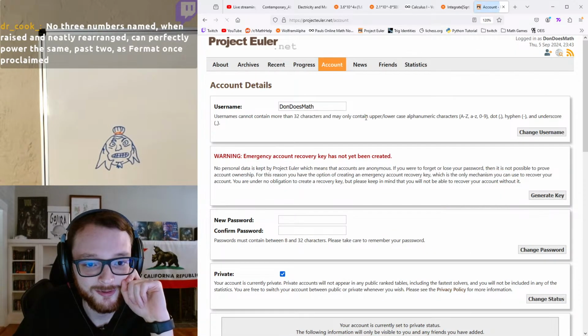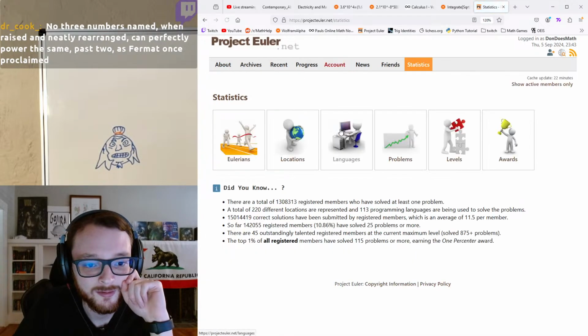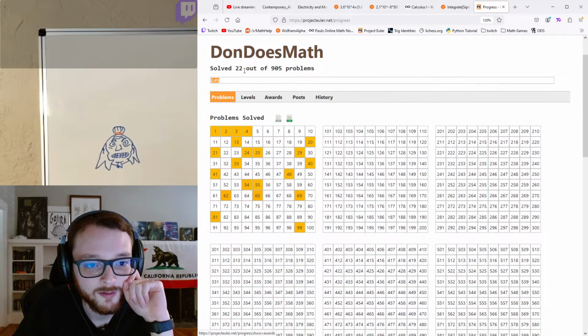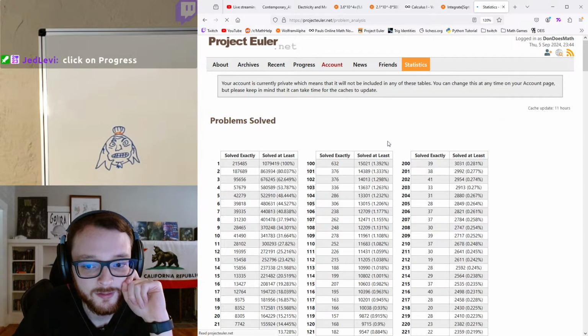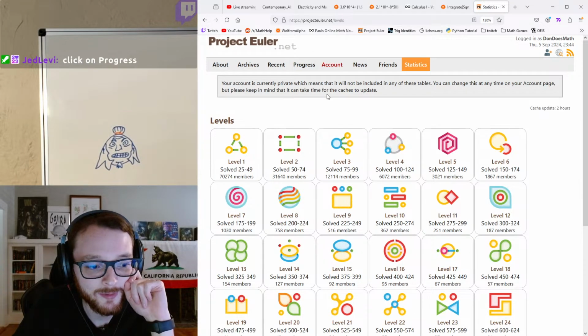How many have I solved? Is this gonna... Oh. How do you see your level? Progress. That's probably a good tab. 22. I am not even level 1 then, right? No. I'm not even level 1.